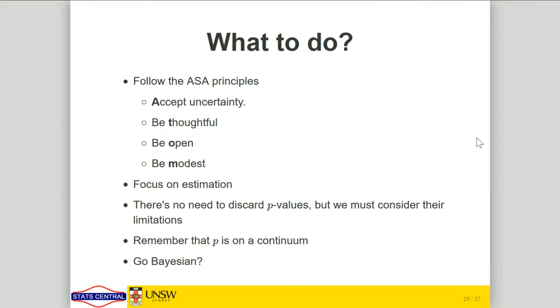Computational power is becoming more and more available, so more and more people are turning towards Bayesian ideas. One of the criticisms that people talk about with Bayesian statistics is that you do have to provide a prior. So you have to talk about your maybe subjective probability of an effect so large before you do the analysis. And the results can differ depending on what you say that prior is.